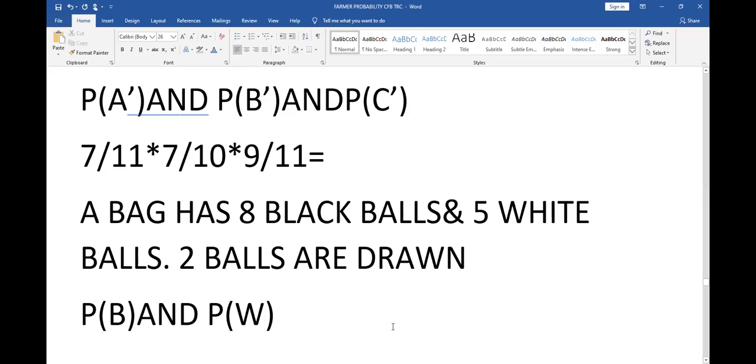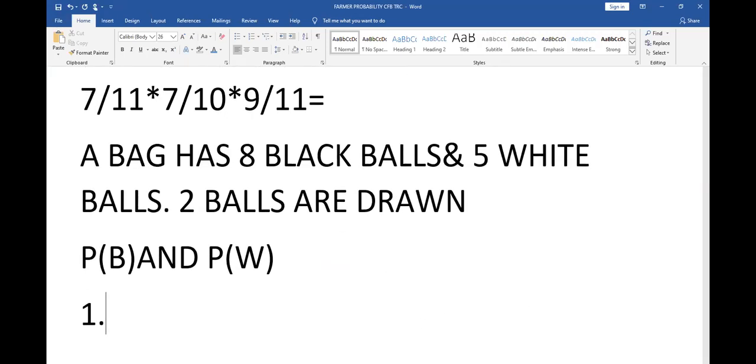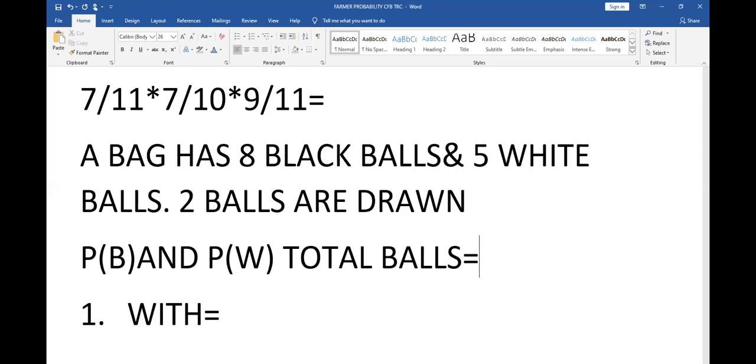So number 1 here, I'm going to do without replacement. Without replacement means, no, let me talk about with replacement. With replacement means that the total number of balls is going to remain the same. So if I pick a ball, the total number of balls is equal to 8 plus 5, which is 13.